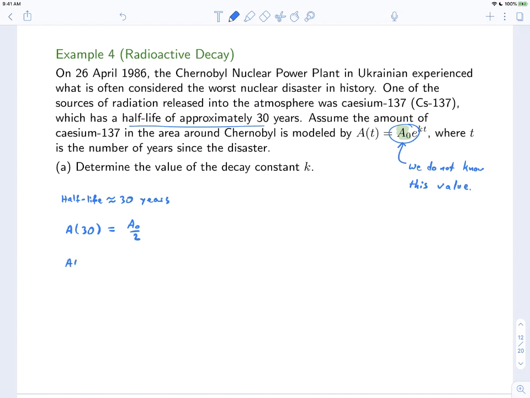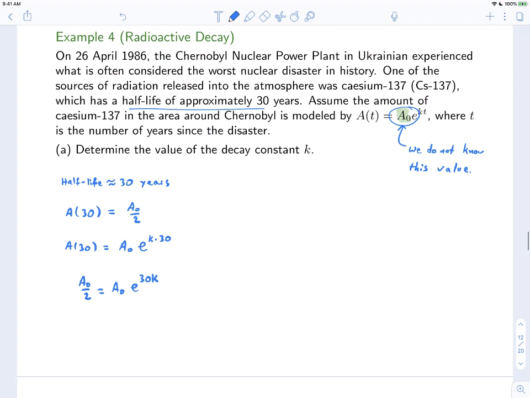So A at 30 is equal to A sub 0 times e to the k times 30. So A at 30 is equal to A sub 0 over 2, but it's also equal to A sub 0 times e to the k times 30. So these two quantities are the same. So A0 over 2 is equal to A0 times e to the 30k. Let's write it like that. Notice we can divide everything by A sub 0.